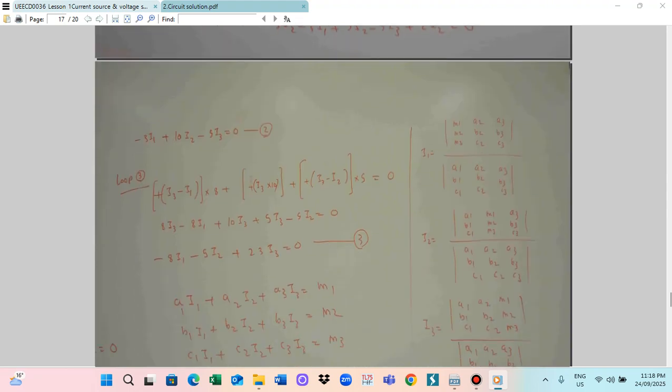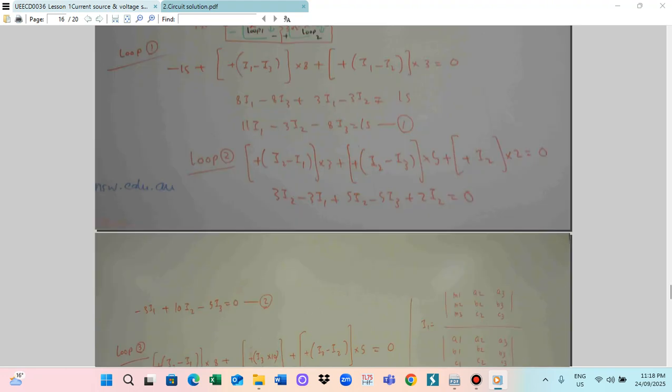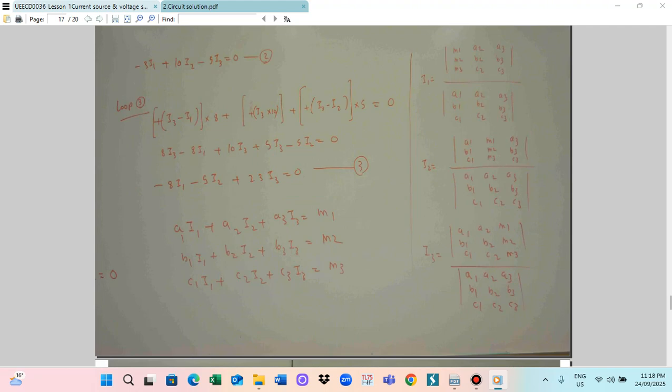So minus 3I1 plus 10I2, and finally minus 5I3, is equal to 0. So this is equation 2. Equation 1 is 11I1 minus 3I2 minus 8I3 is equal to 15. Equation 2 is minus 3I1 plus 10I2 minus 5I3 is equal to 0.